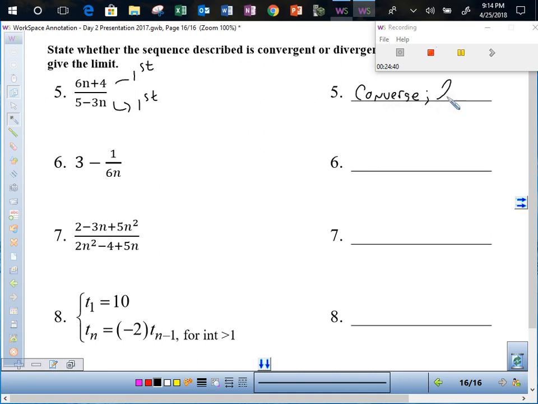Now let's go figure out the limit. Look at the coefficients of 6n over -3n. Look at 6 divided by -3. This has a limit of -2.